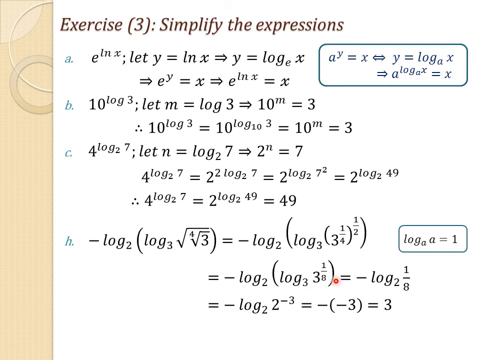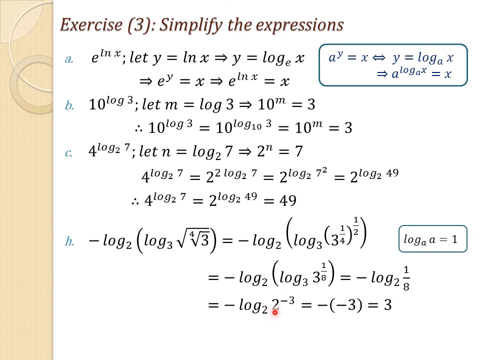So we will have minus logarithm base 2, which is the outer logarithm, of 1 over 8. And 8 is 2 power 3. We switch it, and it's going to be 2 power negative 3. So we will have logarithm 2 power negative 3 base 2.